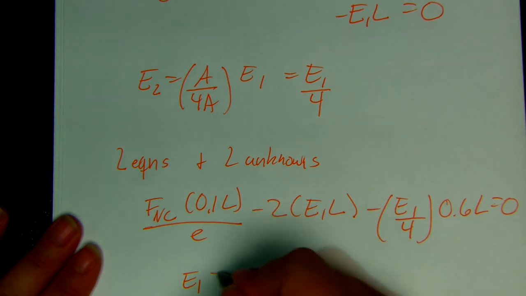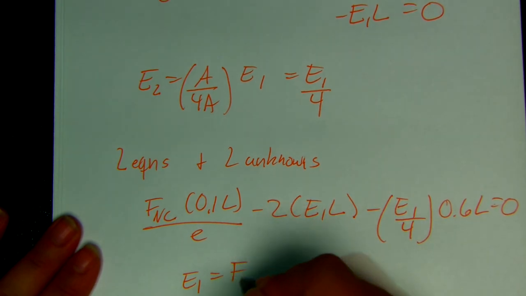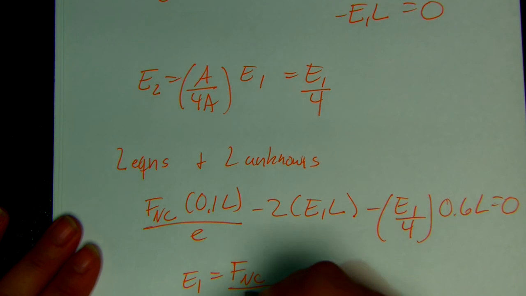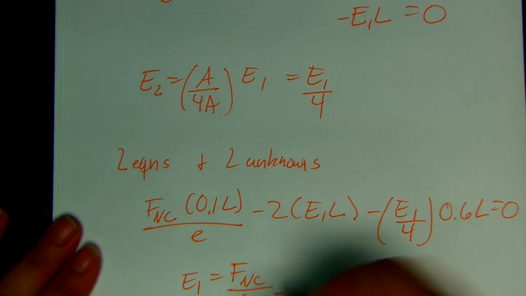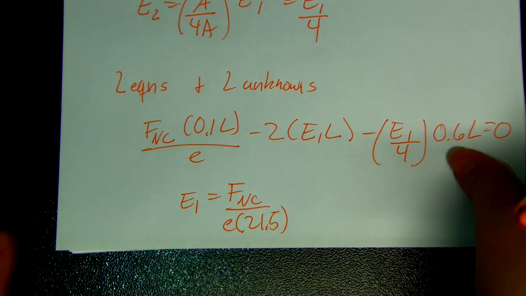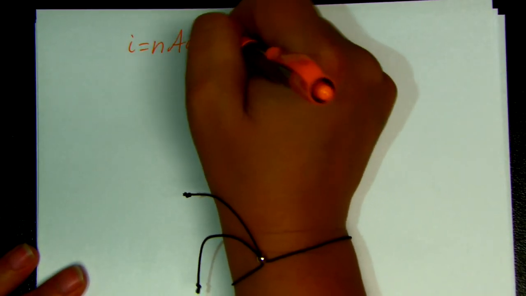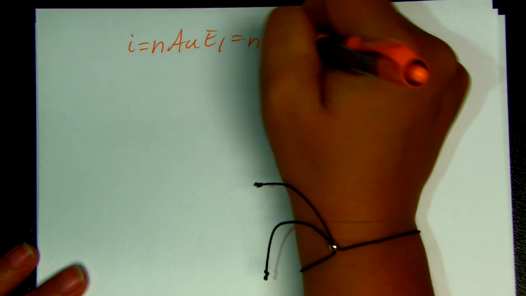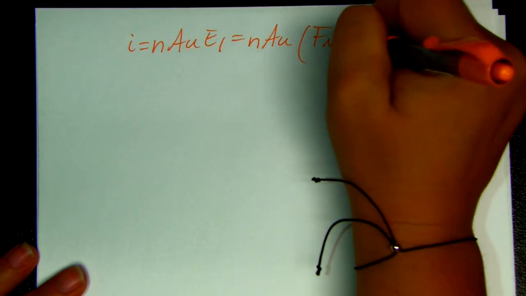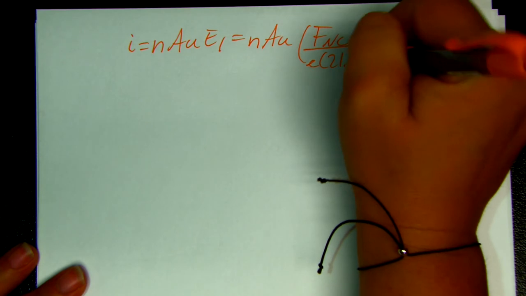E1 is equal to force non-Coulomb over E times 21.5. We can then plug this in so that I, which is equal to N A U E1, is equal to N A U force non-Coulomb over E times 21.5.